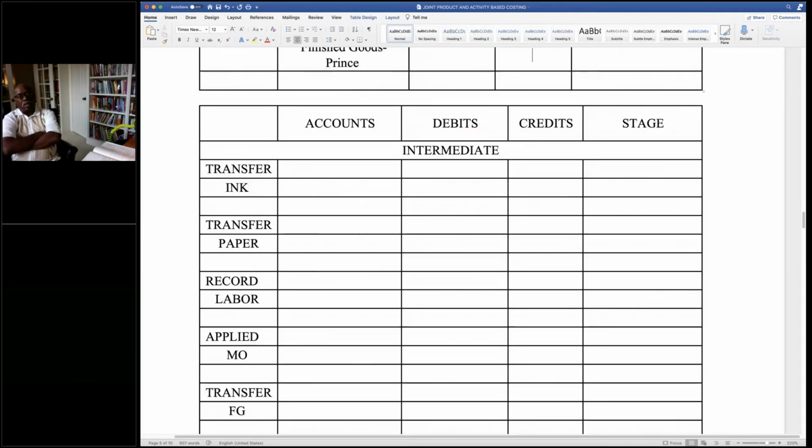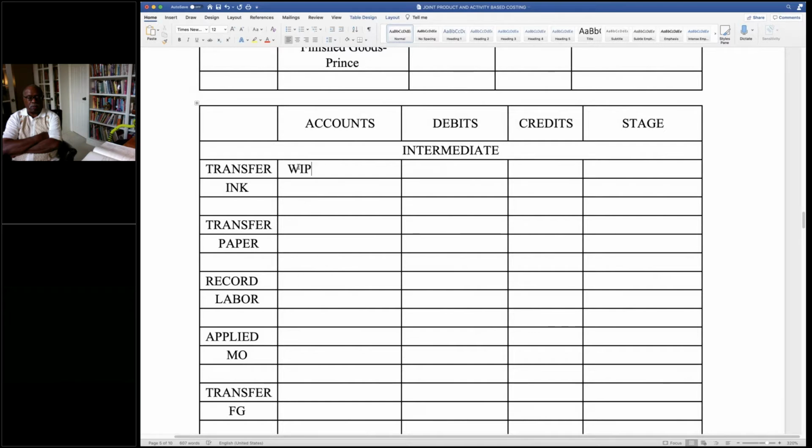Okay, so for our tax, the first journal entry we're going to make is the purchase of our ink and the purchase of our paper. So the ink cost 20 and they had 30,000 of them, which gives them $600,000 worth of ink.